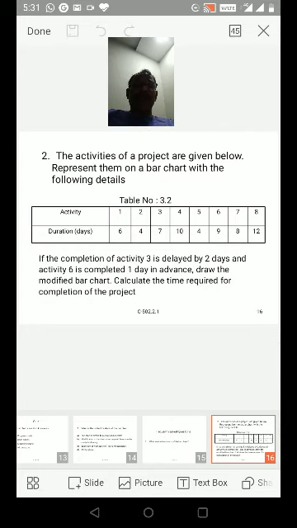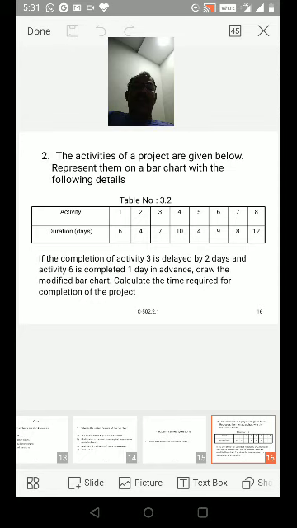Activity 5, duration 4 days. Activity 6, duration 9 days. Activity 7, duration 8 days. Activity 8, duration 12 days. This is the activity as well as duration.